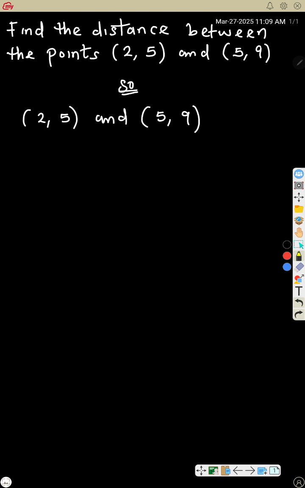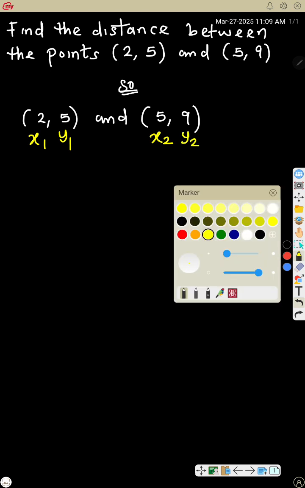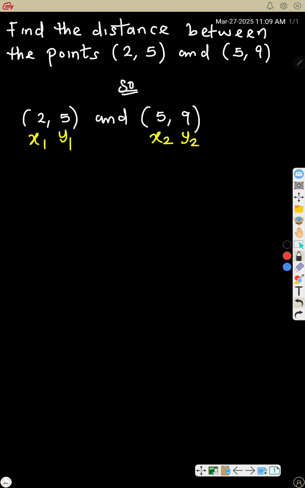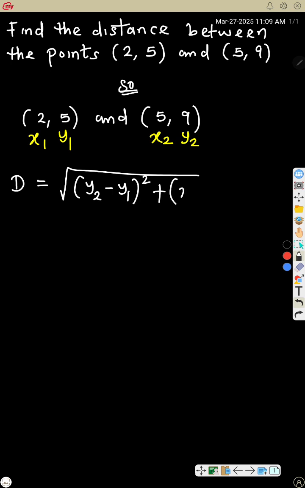For any 2 points, the first point is x1, y1, and the second one is x2, y2. Now the formula for distance between 2 points is the square root of (y2 minus y1) squared plus (x2 minus x1) squared.